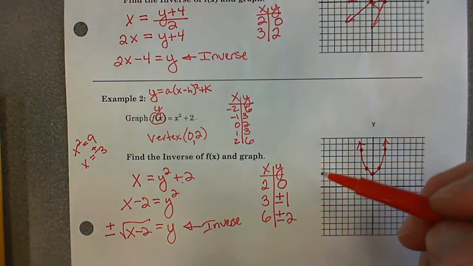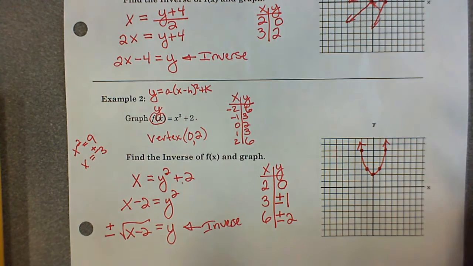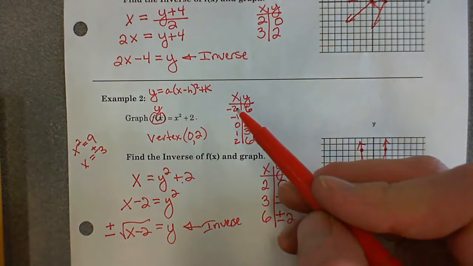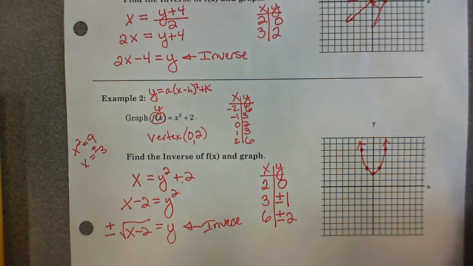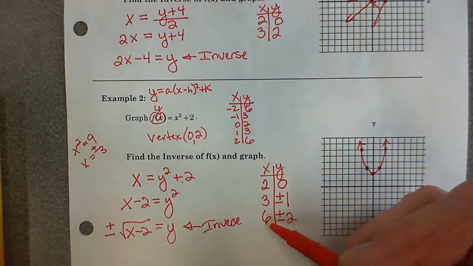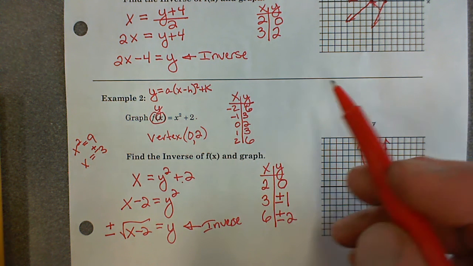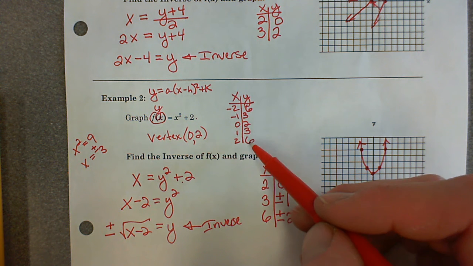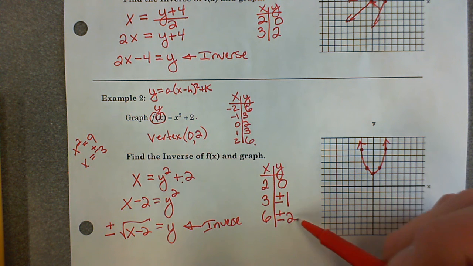Okay? Well, if we analyze this table compared to this table, are they really opposites? This table takes a -2 and turns it into a 6. Does this table take a 6 and turn it into a -2? It does. But also, if you take a 2 and it turns into a 6, this turns into a positive 2 as well.